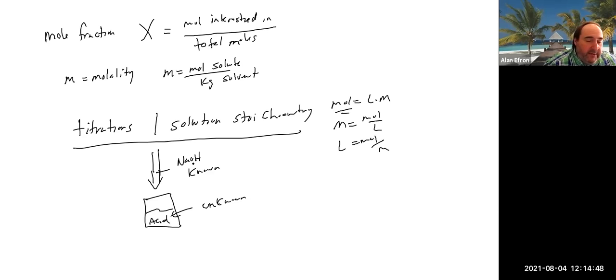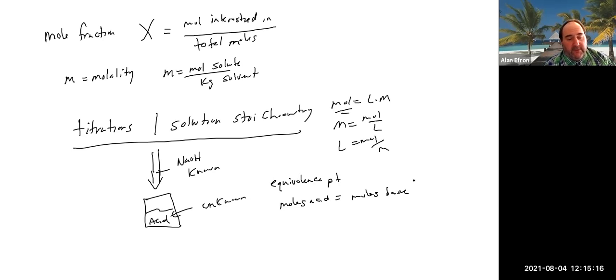We put an indicator in, and we go until we reach what is referred to as the equivalence point. In an acid-base titration, the equivalence point is where the moles of the acid will equal the moles of the base. We did a lot of calculations involving this, including a big experiment.